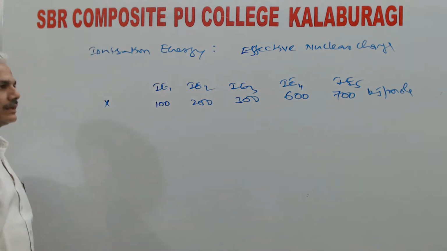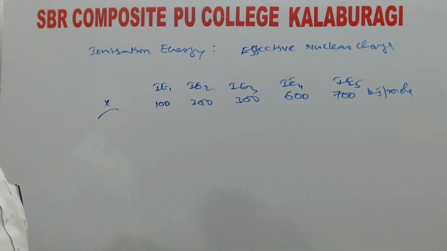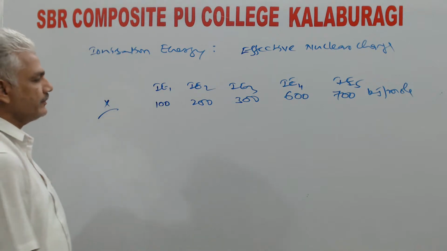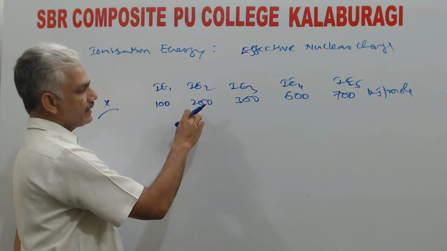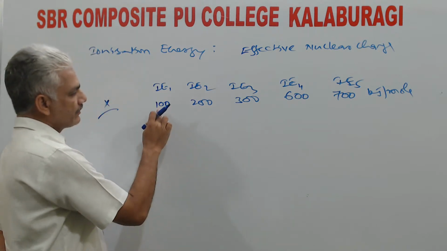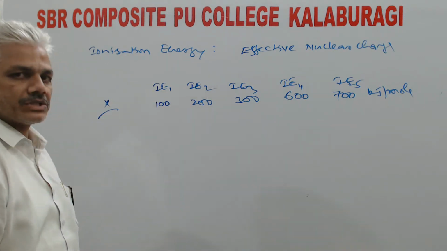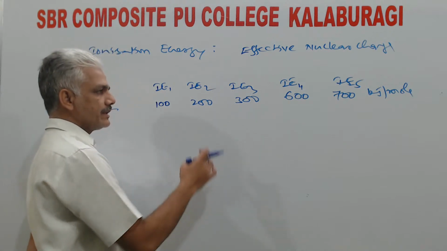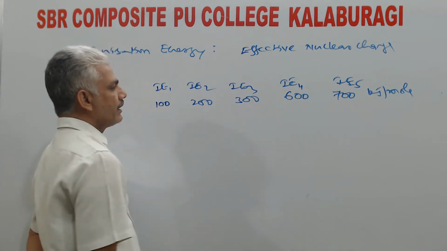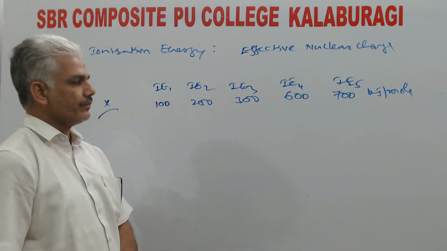So, by looking at these values, predict the probable valency of the element X. Like this also problems may come. So here 100 to 200 means an increase in value but not abnormal. That means removal of the second electron is not taking much effort. Similarly, IE3 300 is also in line with the increasing IE2 value.